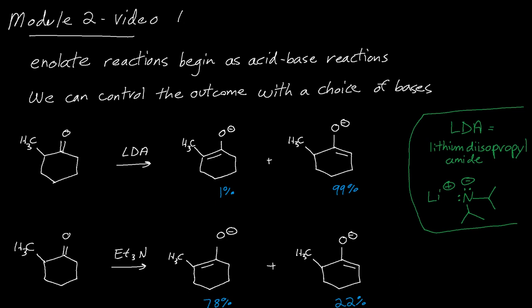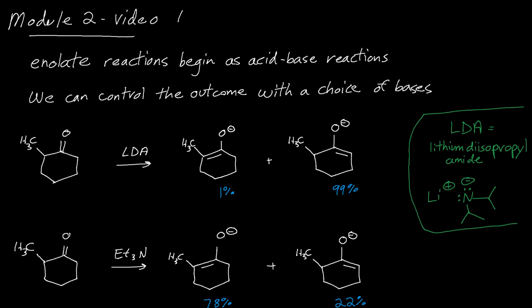So, enolate reactions, as we began to see at the end of class, begin as acid-base reactions. So we have the choice of bases, but we don't always have a choice of what our substrate is that has the acidic protons on it.